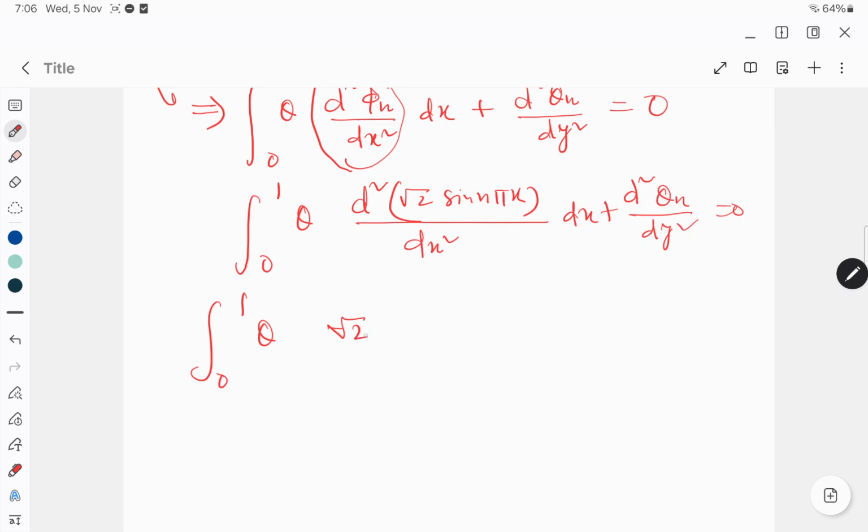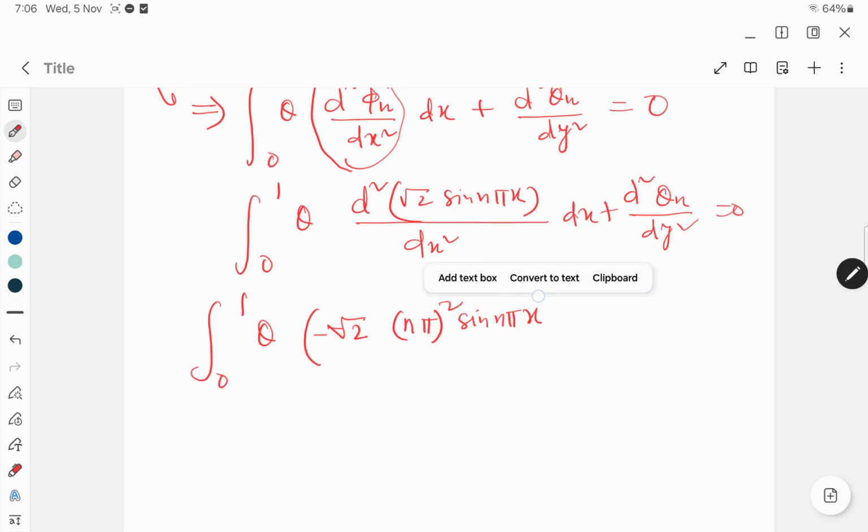Root 2 we can take outside, and sin n pi x differentiates the first time, then n pi will come. The second time we differentiate, again n pi will come, and a minus sign of course. So minus sign I am putting here, and n pi is square. The first time sin becomes cos, and the second time cos becomes sin.